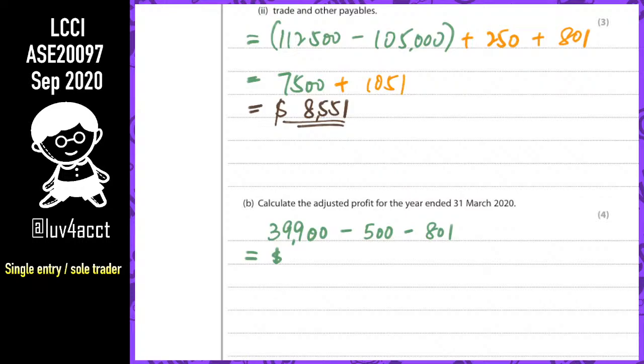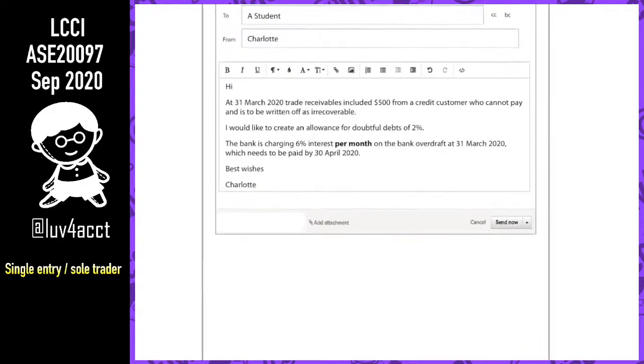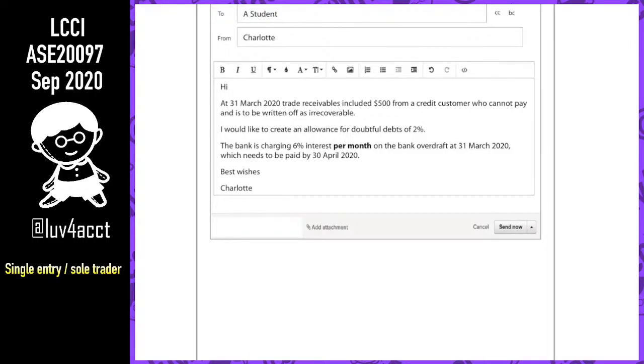Do we have any other thing? And also the 2% allowance for doubtful debt.